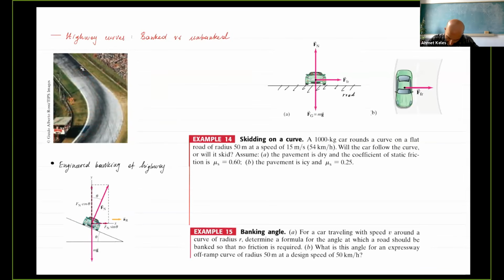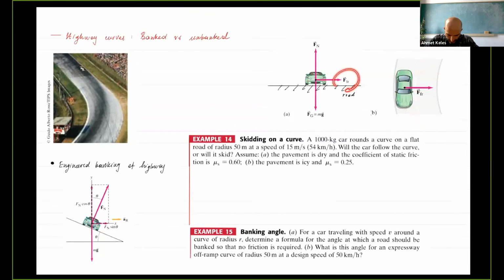Okay, here, I think I have the geometry. Basically what happens is, that's your car. It has a weight that's pulled down by earth with some mg, and there's some normal force. And when you're turning, you're supposed to execute this circular motion. There has to be some force towards the center, and that force is actually coming from the friction.